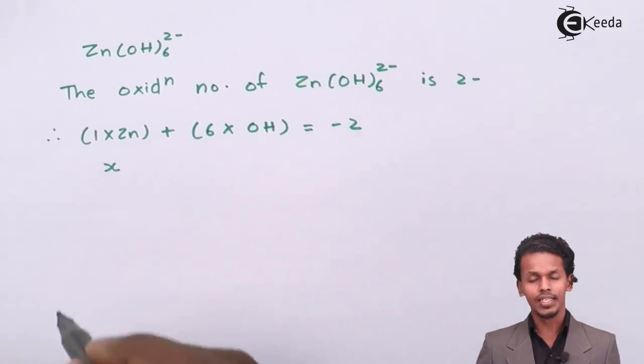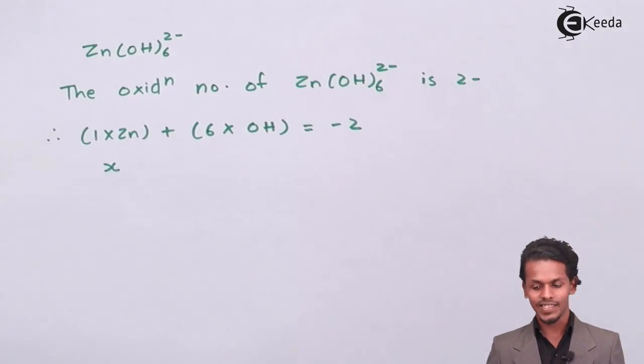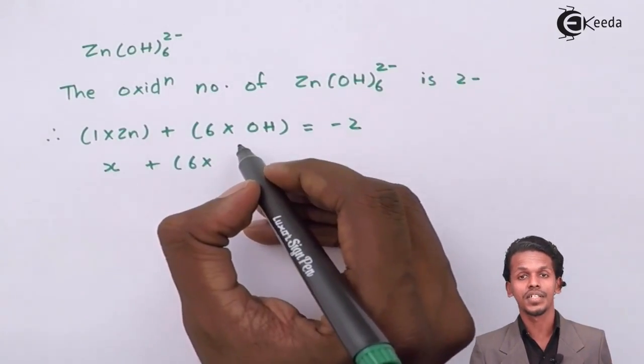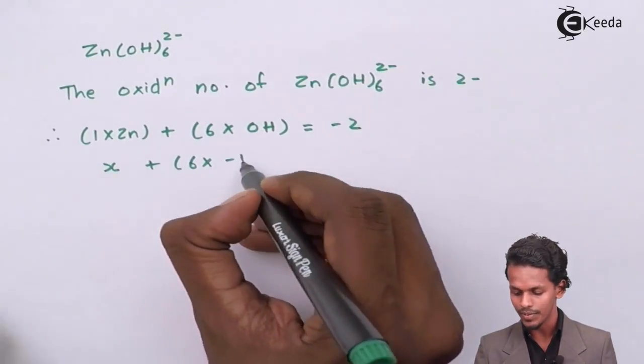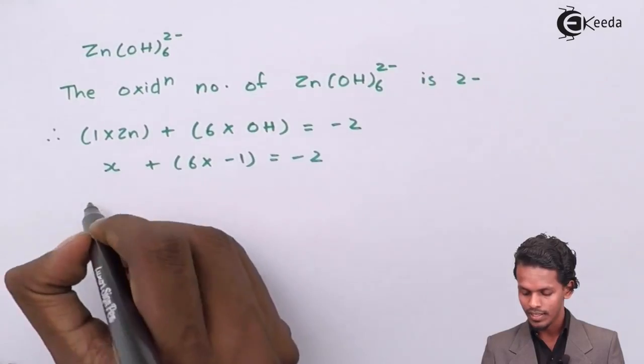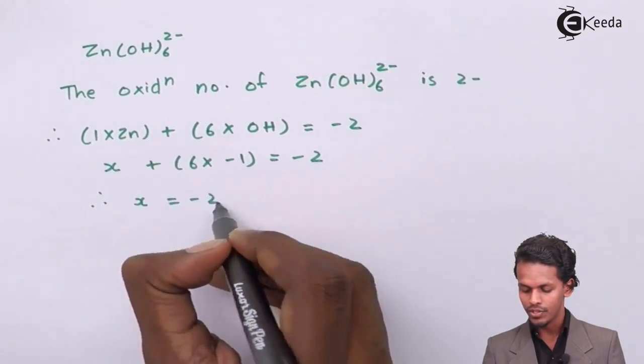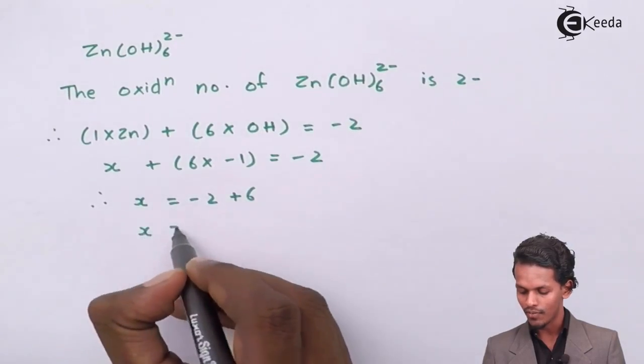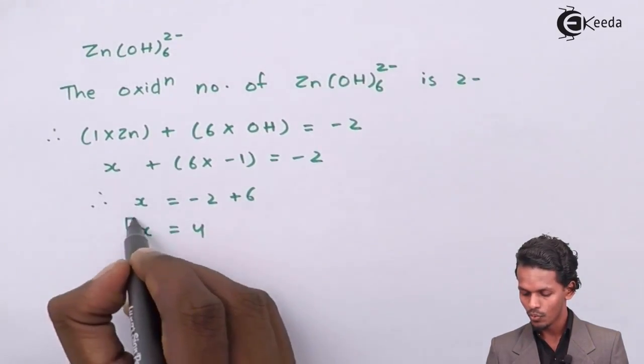Therefore I would consider the value of the oxidation state of zinc as X, plus 6 into, as I said, the oxidation state of the OH group will be -1. So this will give me -2, while this will be +6, and overall I have got the answer as 4.